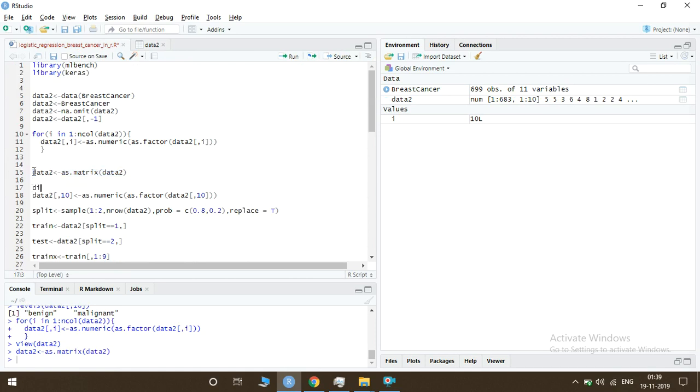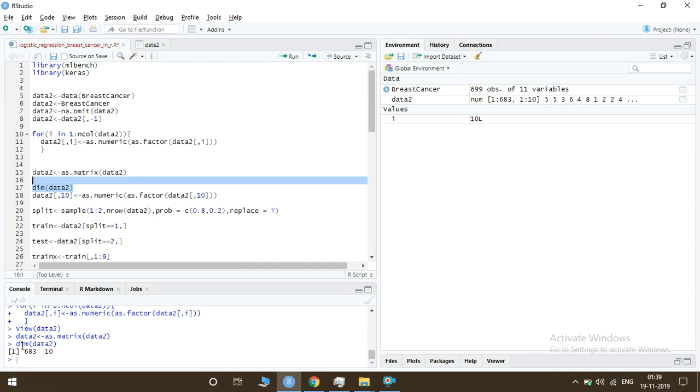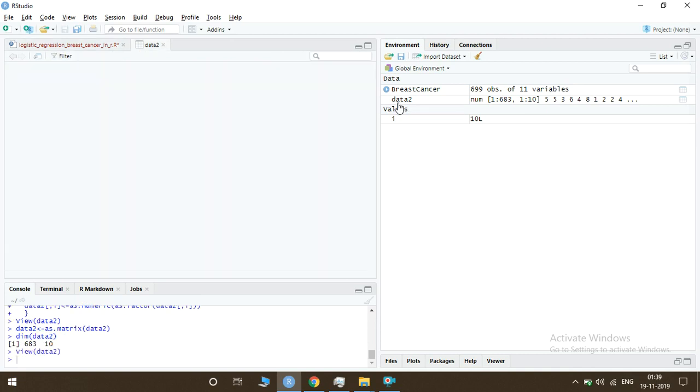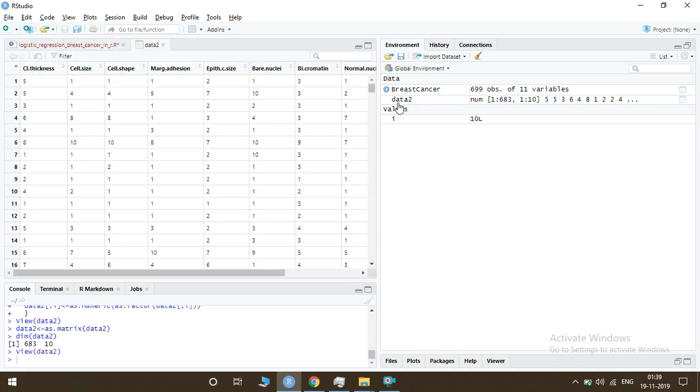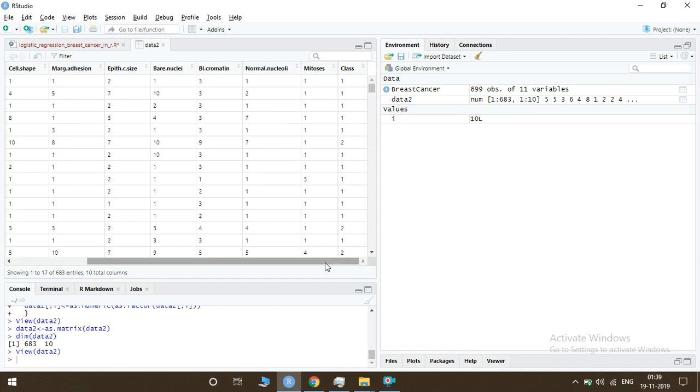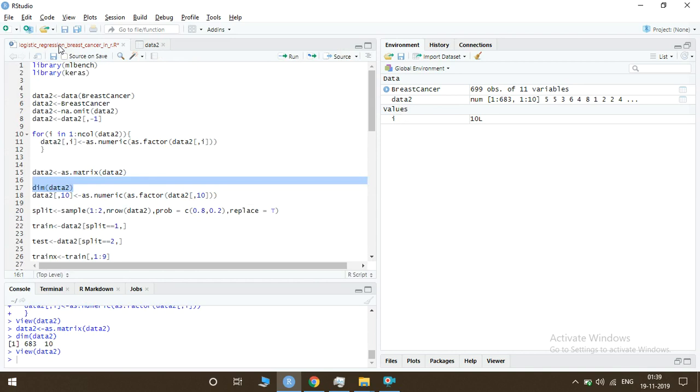If we look into the dimension of data2, we have got 683 rows by 10 columns. So our data has been converted to a matrix format, which is the basic requirement for the TensorFlow and the Keras package. All right.